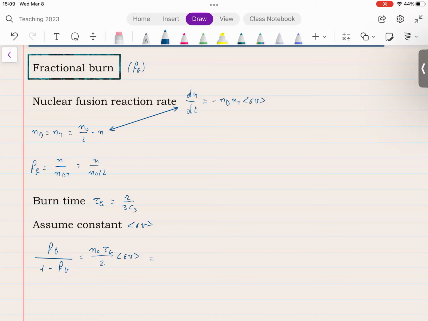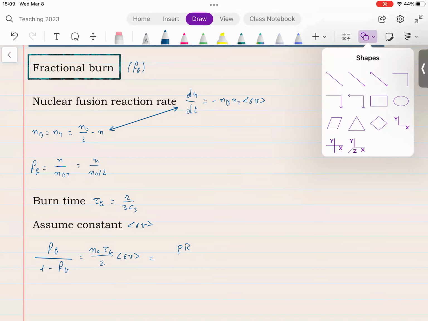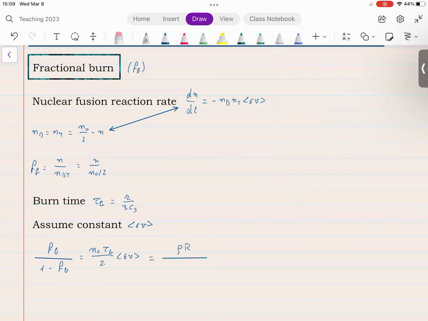Crank the numbers, and you find that the fractional burn is going to be given by rho R divided by rho R plus C sound over sigma V.